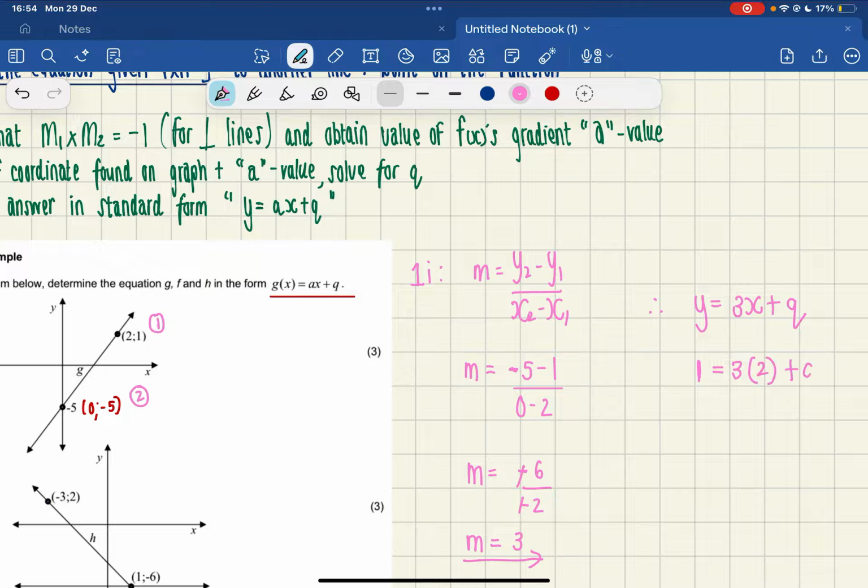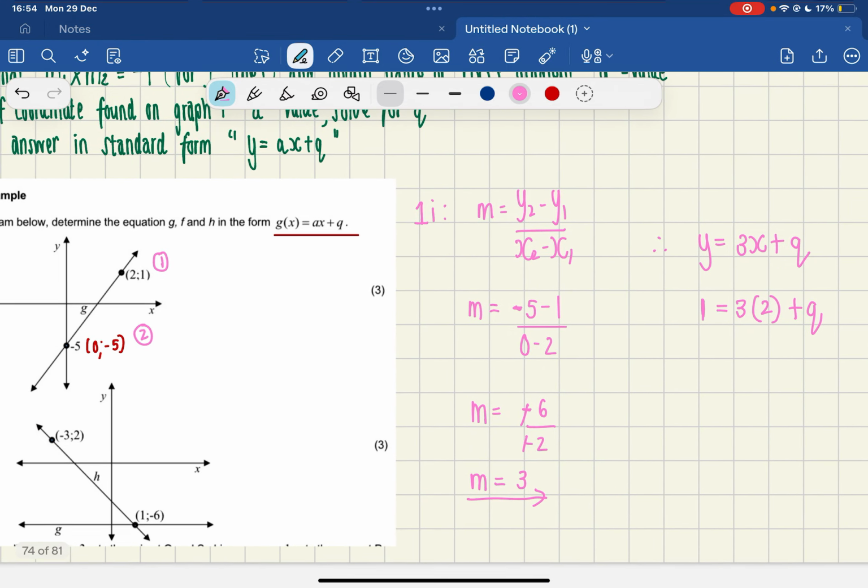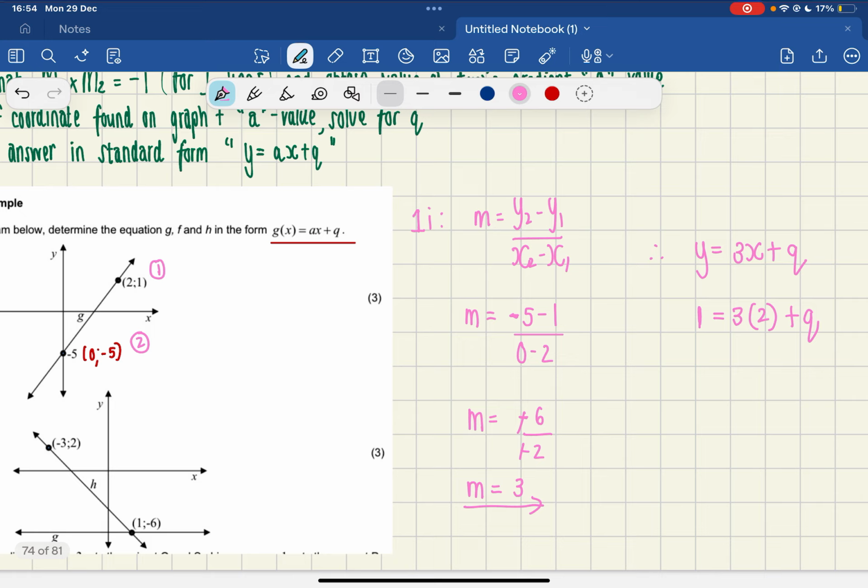We're going to solve for q, boys and girls. We said q is the y-intercept. We could have already just written -5, but let's see if our answers make sense. And it does make sense indeed. So when we solve for q, 1 minus 3 times 2 is -5. q is -5. Therefore, y is equal to 3x minus 5. Solved.